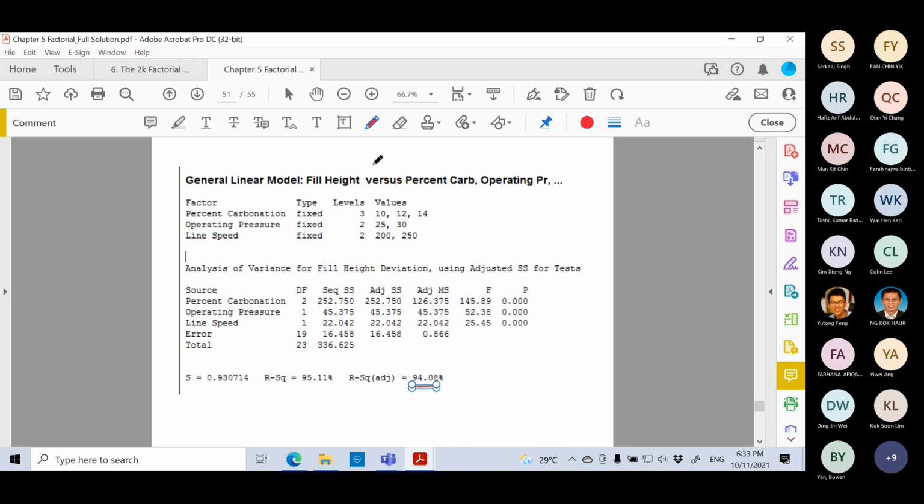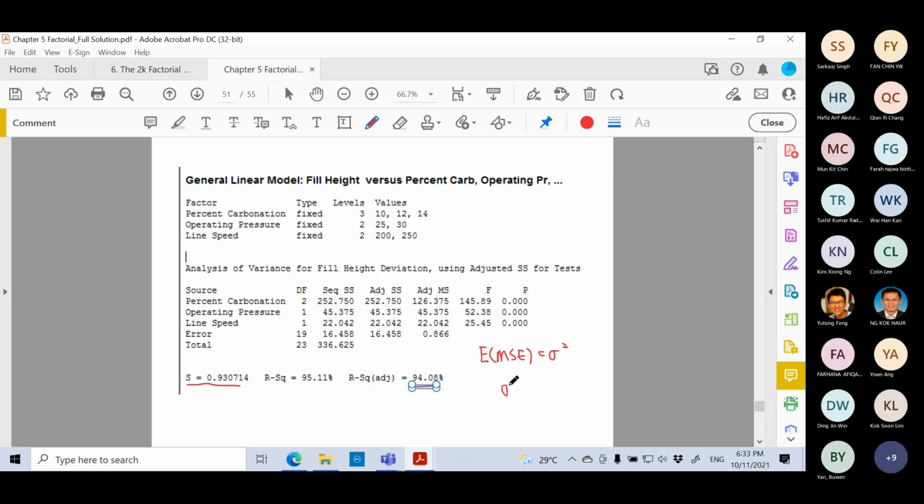And then if you have the Minitab output, you can also see the S. What is the S? S is just a standard deviation. How do we read the S here? If you still remember, I mentioned before that we expect the expected value of MSE to equal sigma square.